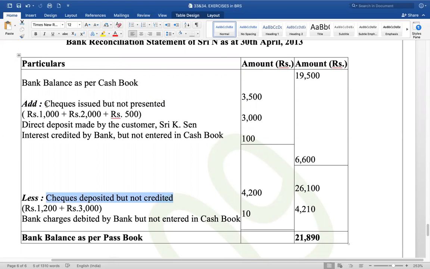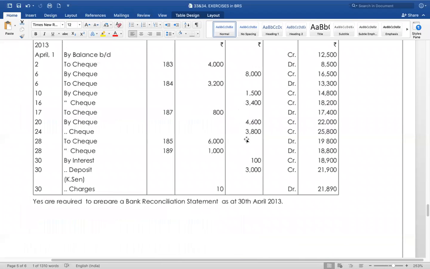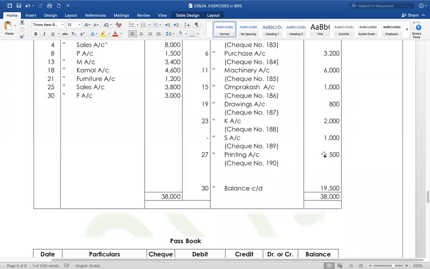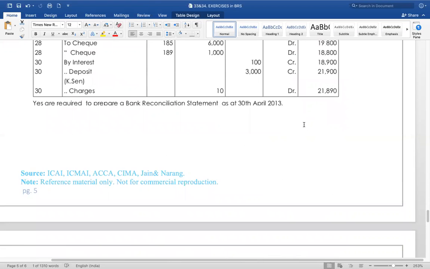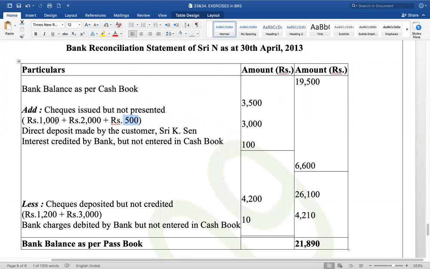What are the checks issued but not presented? 1,000 check of 186 check number, 2,000 check of 188 check number, 500 check of 190 check number. Yeah, 190 is missing, 188 is missing, 186 is missing. Okay, so all put together 1,000, 2,000, 500: 3,500.